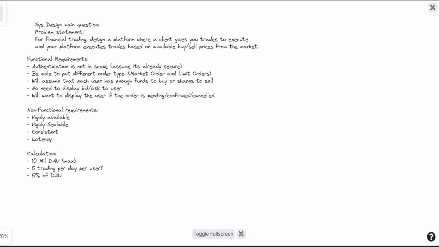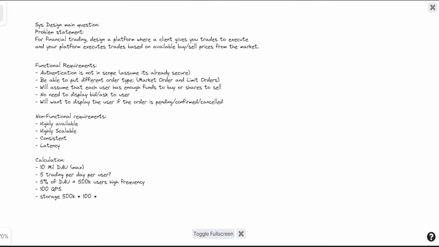That's going to be 500K times 100, and this is per second, so times 86,400 seconds per day. For the order size, I'll just put around 50 kilobytes as an estimate. Let me use Google Calculator to get a quick estimate.